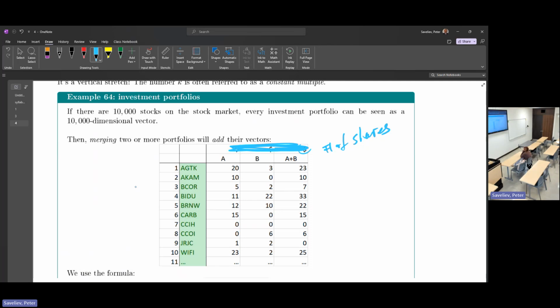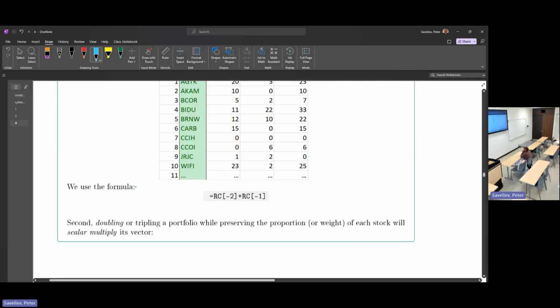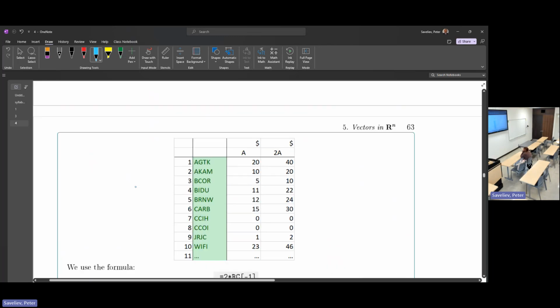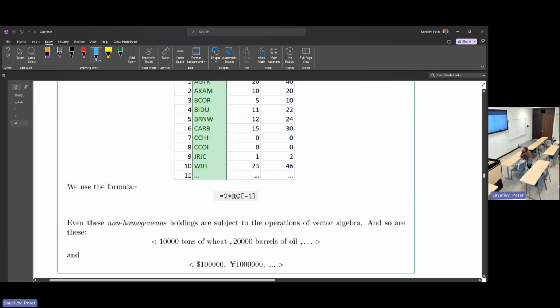You never mix up Apple with Microsoft, so you do addition for Microsoft here and for Apple there, and whatever their prices are, it makes no difference when you merge. Scale multiplication also: if I want to double my portfolio, literally every one is multiplied by 2. So that's the operation. That's a little bit of Excel here.